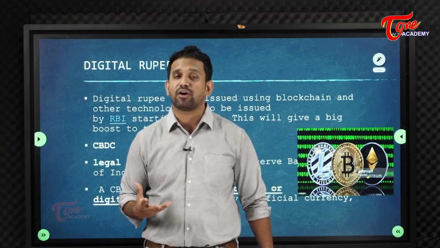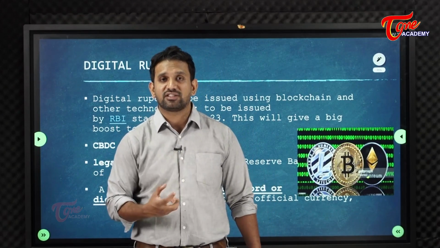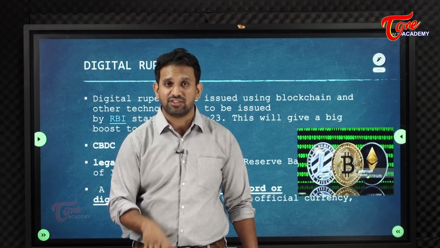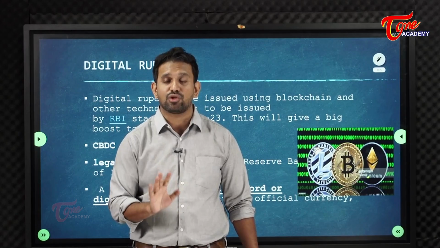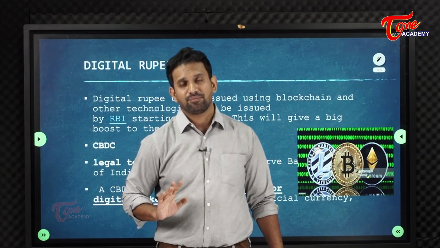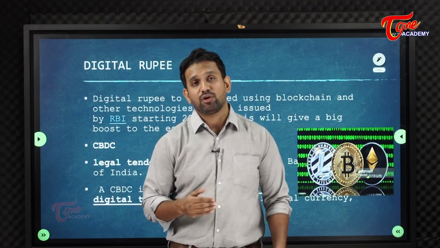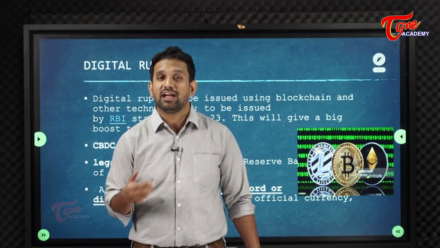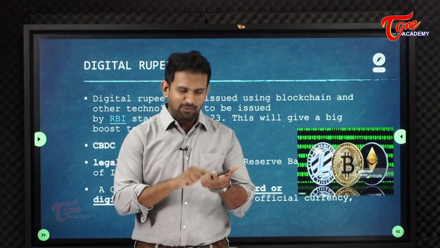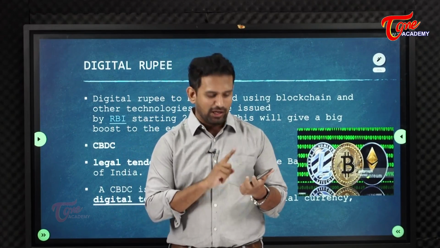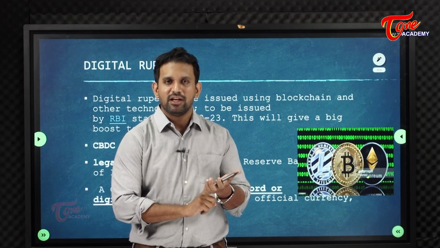Seeing the importance of bitcoins, the digital currency, the cryptocurrency, the government realized that it is necessary that India should also have a digital currency. The Government of India is going to launch the digital rupee in 2023. It means I will have it in my app. Rupees will not be seen only in the form of 10 or 500 rupees.